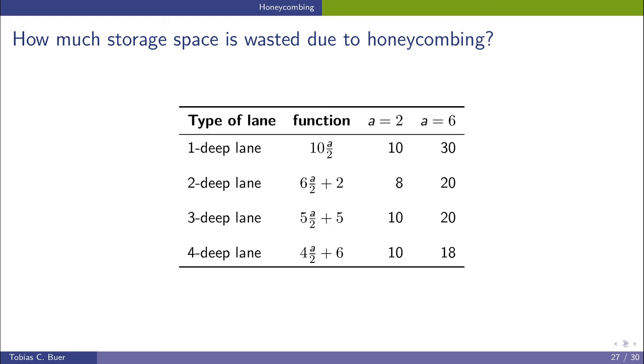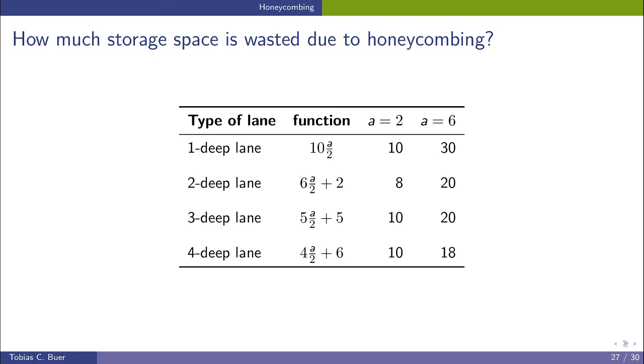So if I substitute A by 2 for the 1 deep case, then I get to the number 10, and if I substitute A by 6 I get to 30, because 10 times 6 over 2 is 30. I repeat this for the other functions as well.